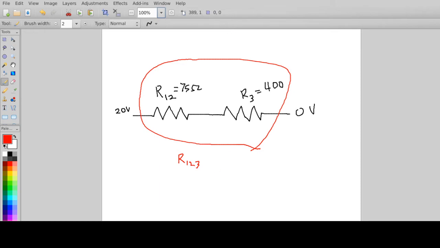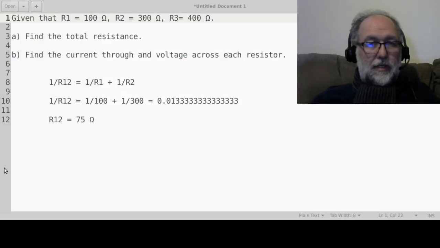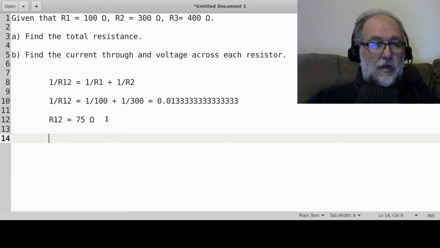Okay, so let's go back to this here. What do we have? We have R123. That's going to equal R12 plus R3.